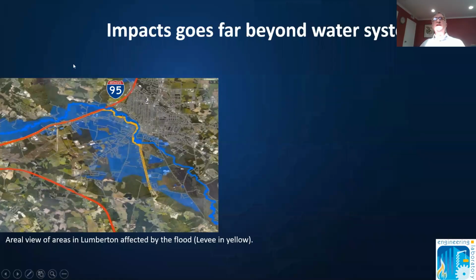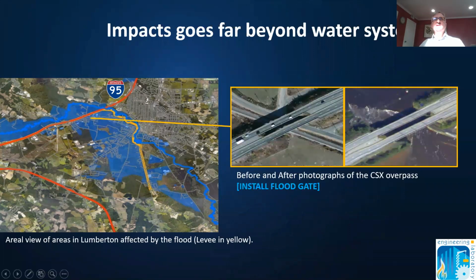But I want to make the point too that the impacts go far beyond the water system, or for that matter, transportation systems and the power grid. It goes well beyond that. So in this slide, I'm just showing a variety of pictures to suggest that, and mention some decisions that, had they been taken ahead of time, could have averted what really was a disaster.